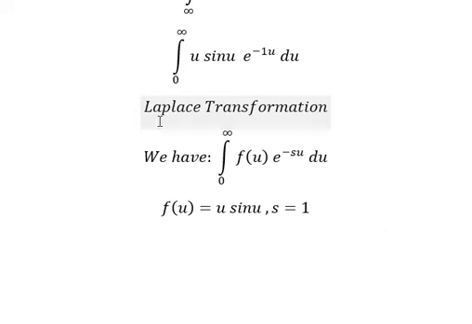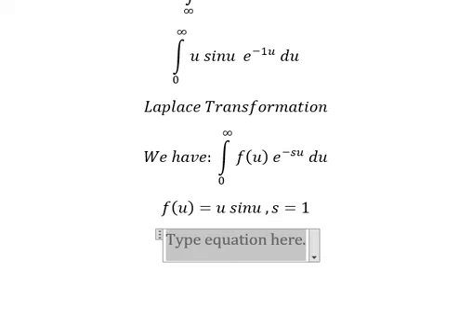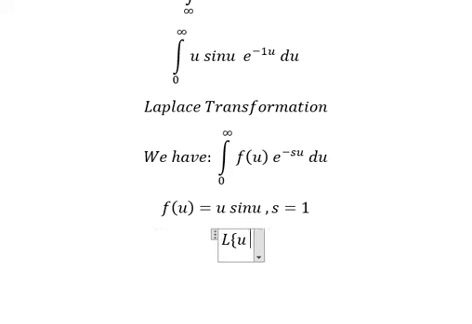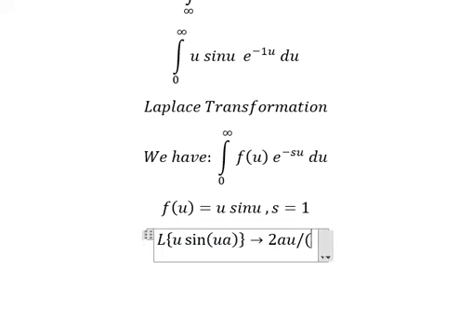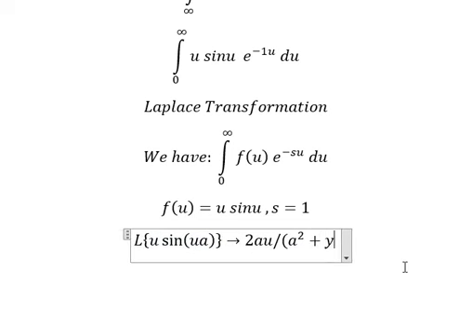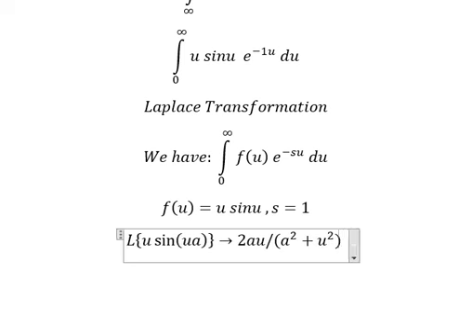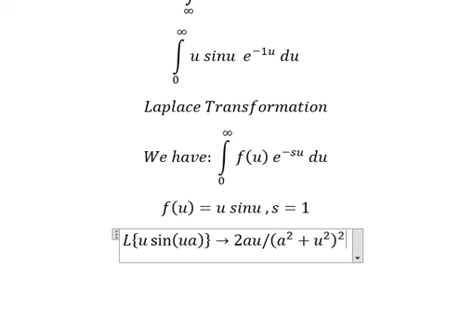So we need to use the Laplace transformation. This one we have 2au over a squared plus u squared, everything to the power of 2.